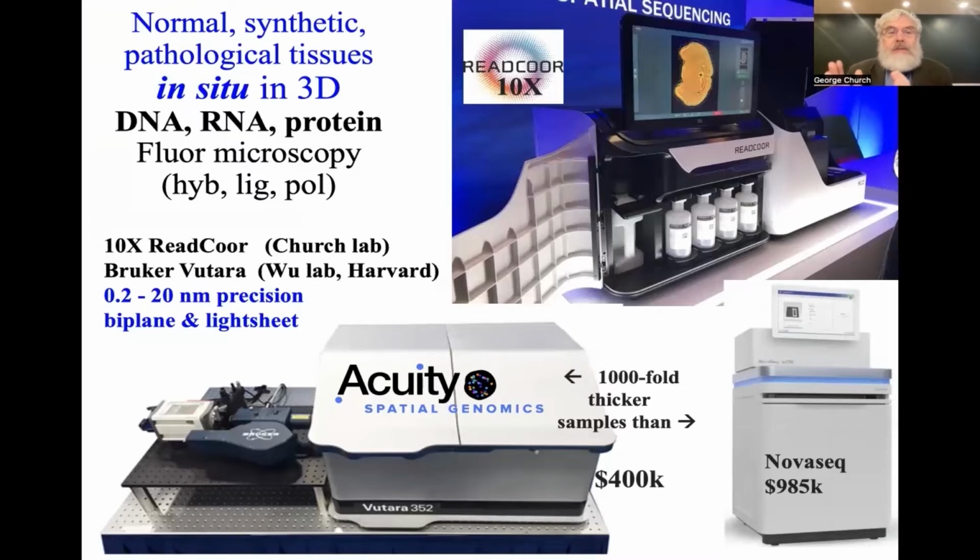So fast forward a little bit further, and we have 2 major instruments that my lab is familiar with. One is the read core, recently acquired by 10x Genomics, and the Bruker Vertara, co-developed by Ting Wu's lab at Harvard Medical School.